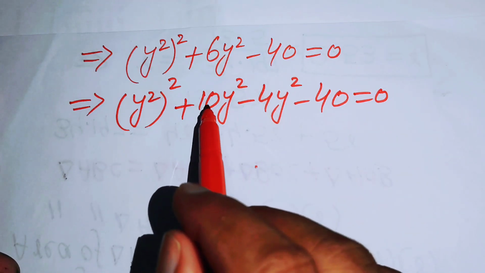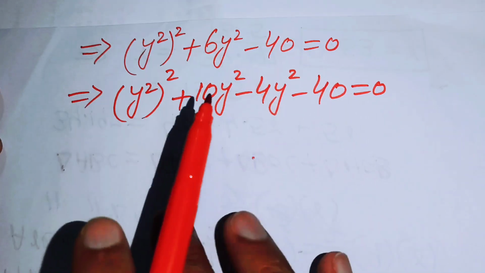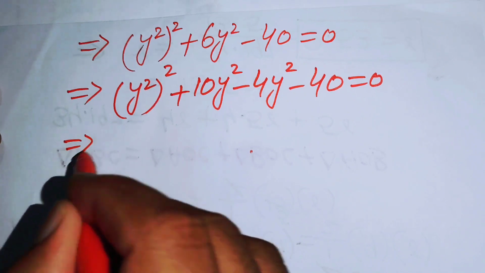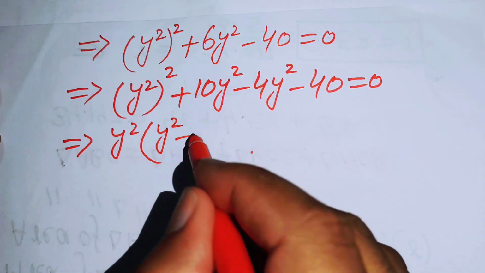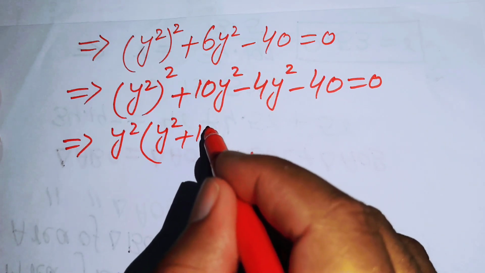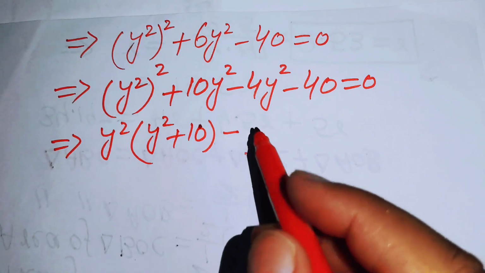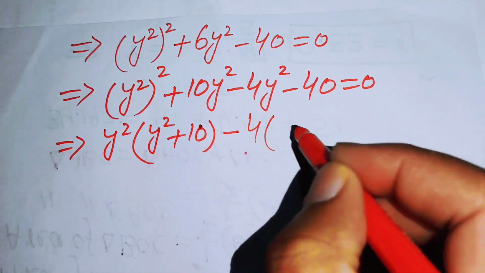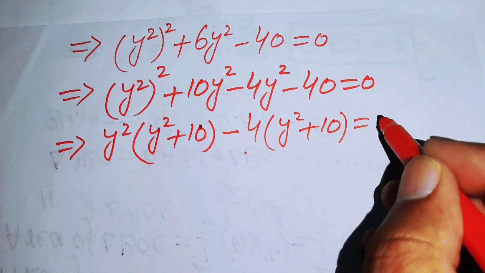When you multiply 10 by minus 4 you get minus 40, and when you add them you get plus 6. So now we take common y squared from the first two terms and you get y squared plus 10, and we take common minus 4 and you get y squared plus 10, and this whole is equal to 0.